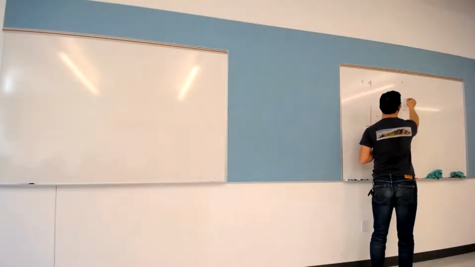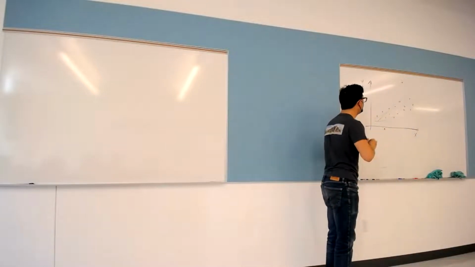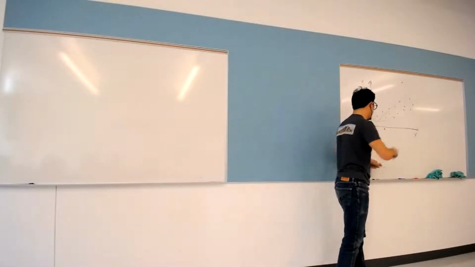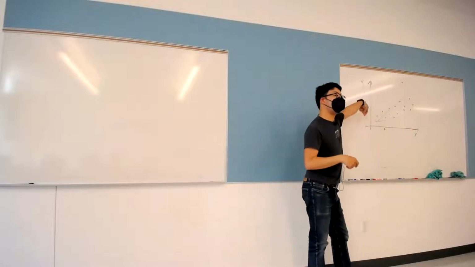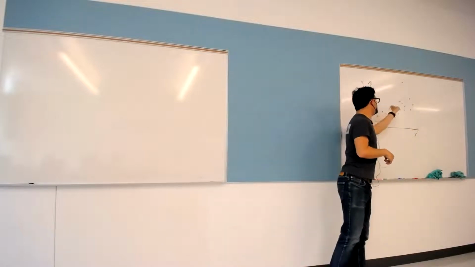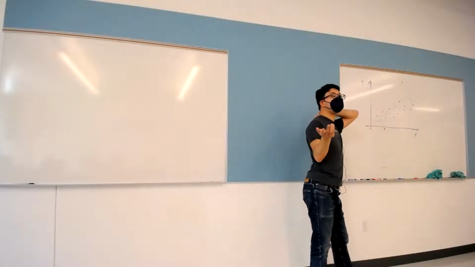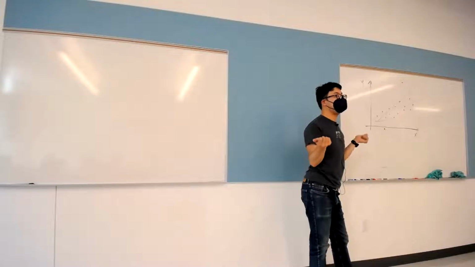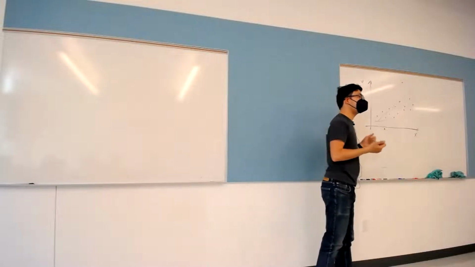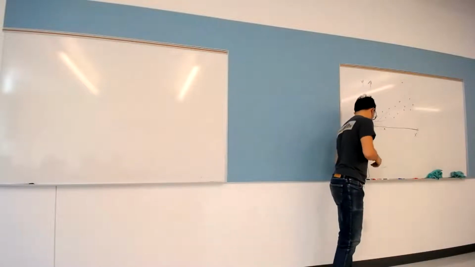And I can say that if you add up all of those distances for the line that I drew and the points, and it's the smallest, then maybe that's the best fit line, right? Is that kind of what we're thinking here?